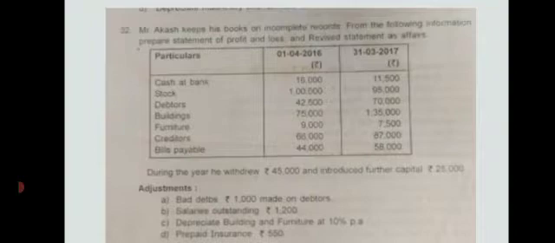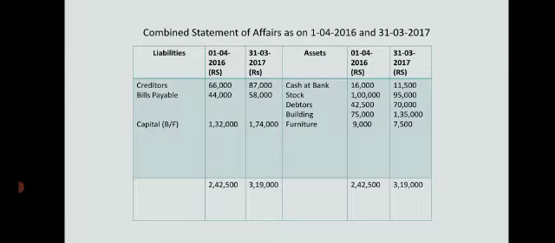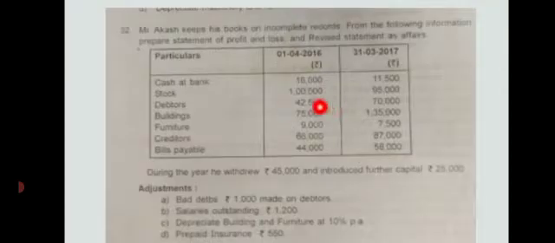So let us solve. To prepare the statement of profit and loss, we require opening capital as well as closing capital. And to find opening and closing capital, we are supposed to prepare the combined statement of affairs. Here the information is already given at the beginning of the financial year 1/4/2016 and at the end of the financial year 31st 3 2017.